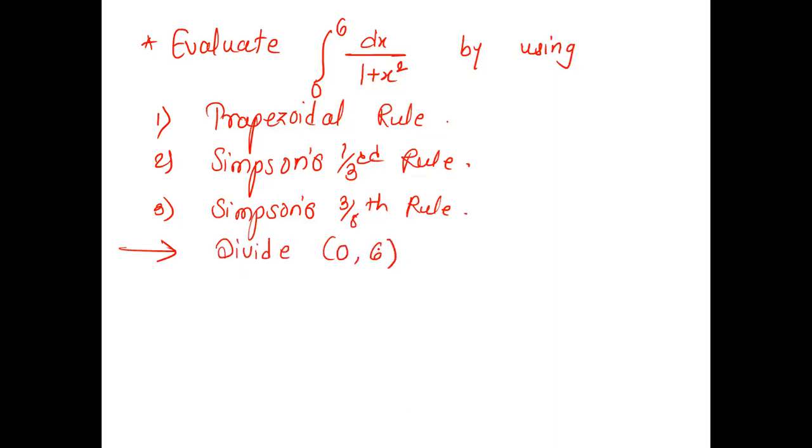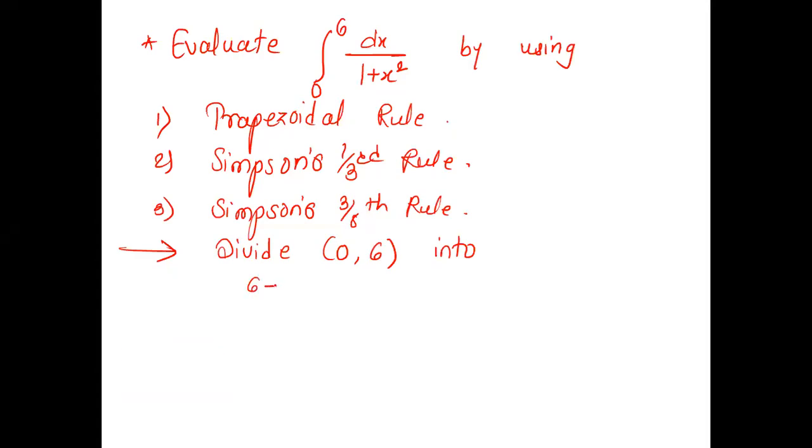So divide that 0 to 6 into, now the problem is, Simpson's 1/3 and 3/8 need multiples of 3. ठीक आहे, मग याला 3 multiple मध्ये तुम्ही डिवाइड करू शकता, किंवा व्हेरी सिंपल आहे, एकच काम करा. 6 upper limit minus lower limit upon, आता तुम्हाला किती मध्ये डिवाइड करायचे तुम्ही ठरवा. 6 मध्ये, बस आपल्याला 6 व्हॅल्यू मध्ये. सो आपण याला 6 पार्ट्स मध्ये डिवाइड करूयात. 6 minus 0 upon 6.